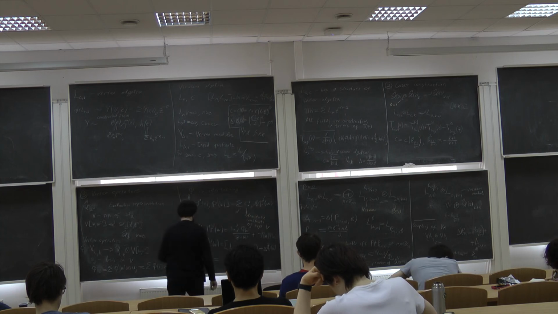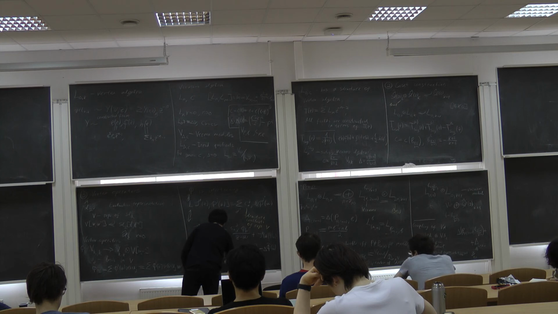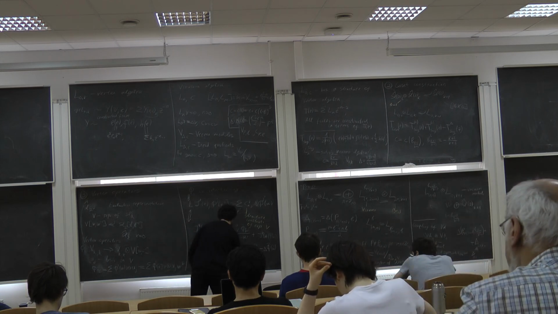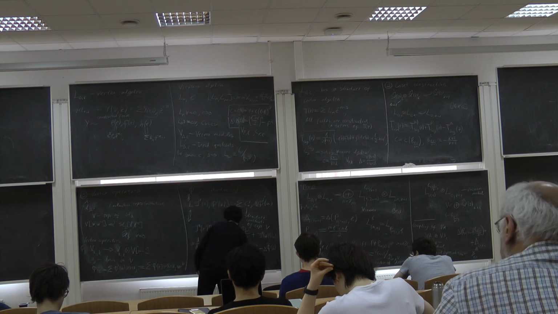And this is equal to 1 over k plus h, maybe 2 also here, maybe not, sum of normally ordered product.